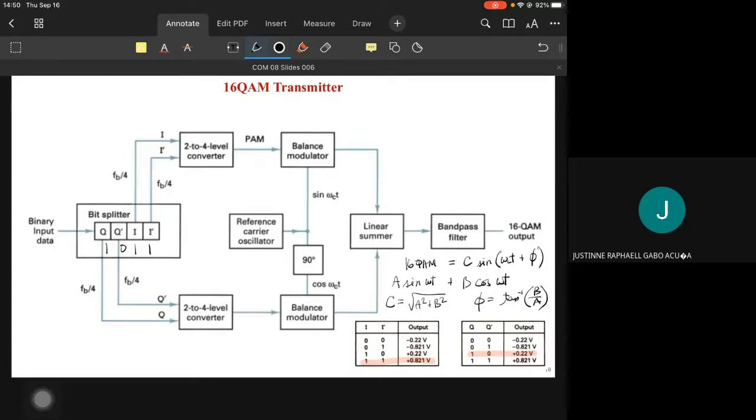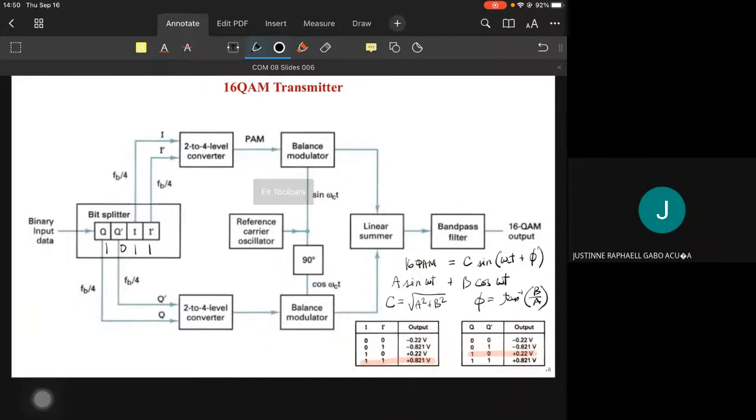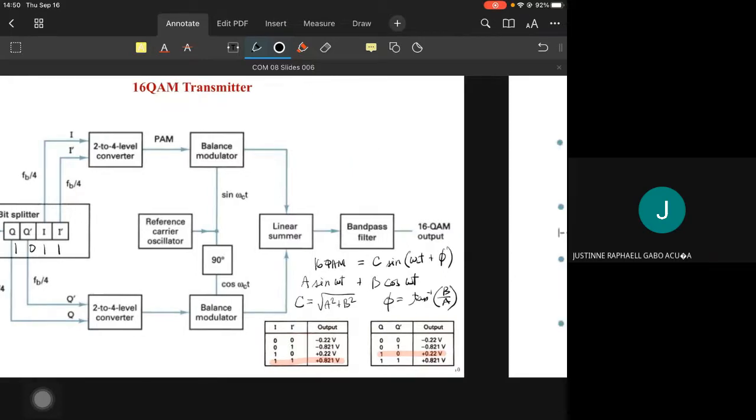Especially sa atong nabalaan karon. And trigo. Kapoy na dito. Sige. So, if dali ra ma-follow through, I'll move to the next slide na lang.